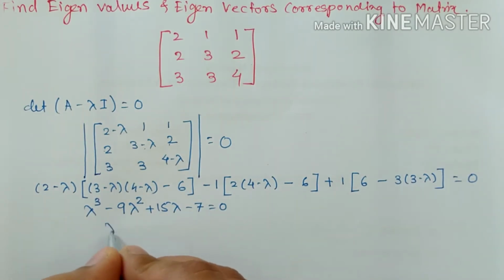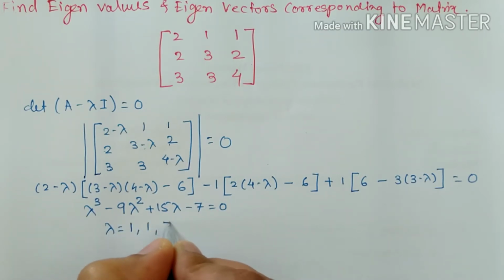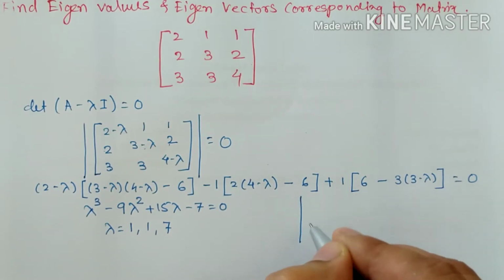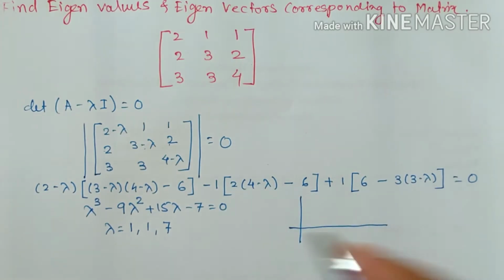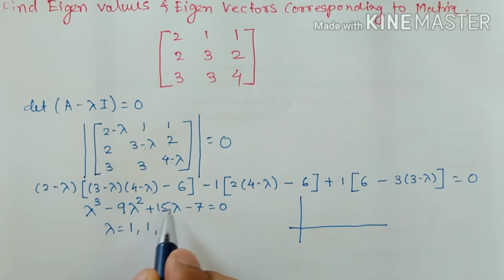So here the roots are lambda equal to 1, 1 and 7. These are our eigenvalues. Or in another way, we can go for synthetic division with coefficients 1, minus 9, 15 and minus 7.